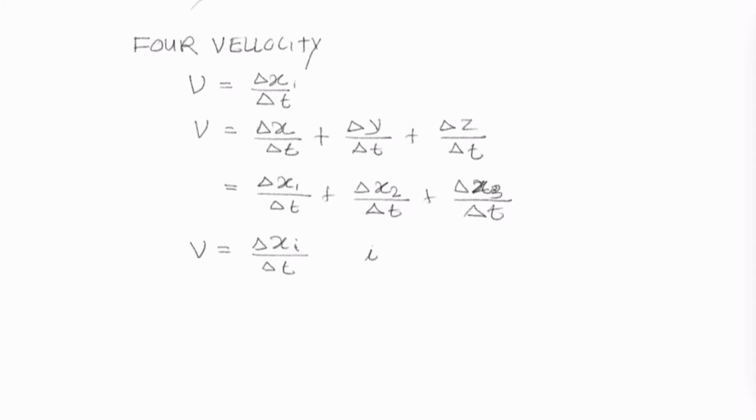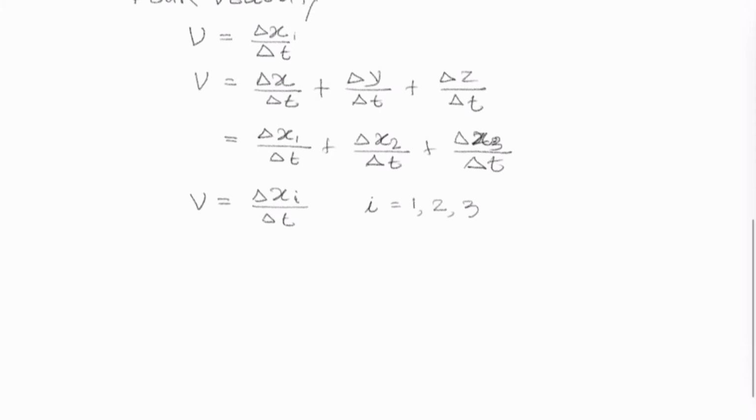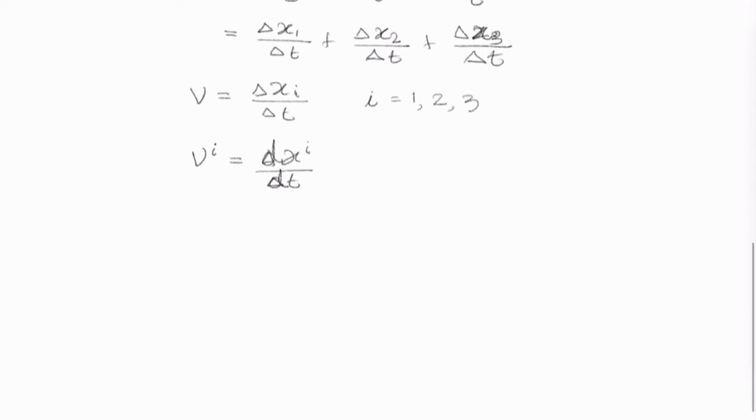Or in short, delta x of i over delta t, where i runs from 1 to 3. So the ordinary notion of velocity v can be expressed as dx i by dt, or this is v of i. This is the three-dimensional notion of velocity.